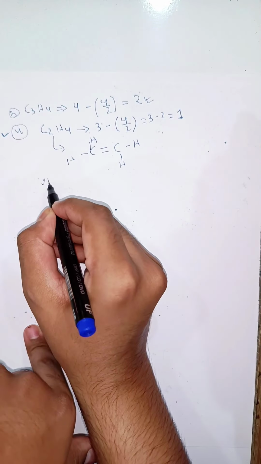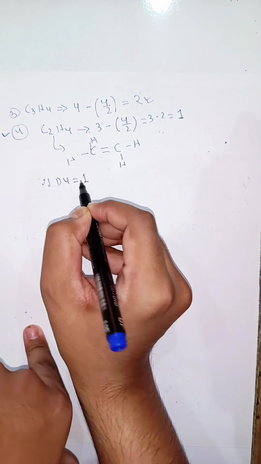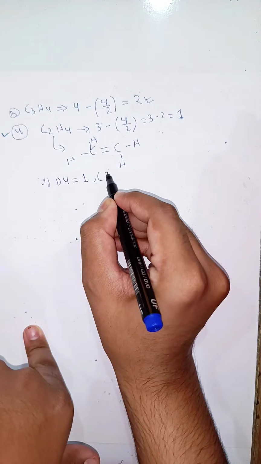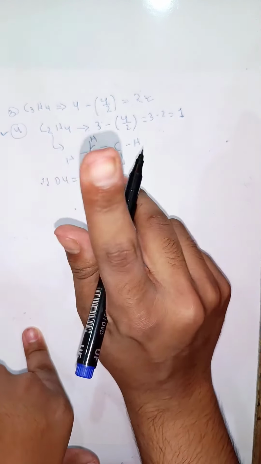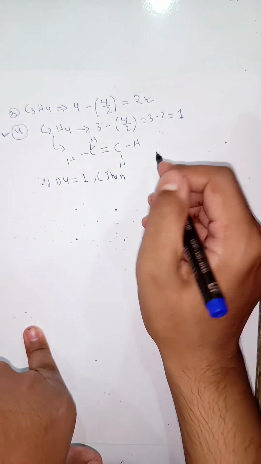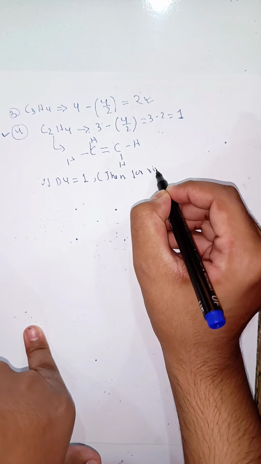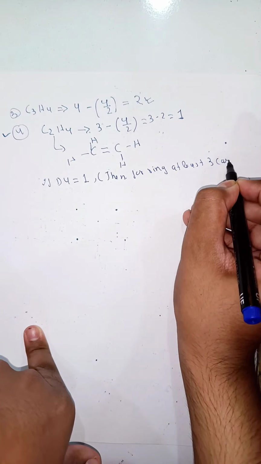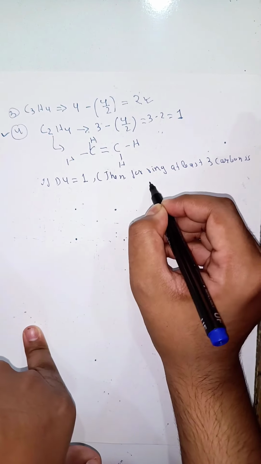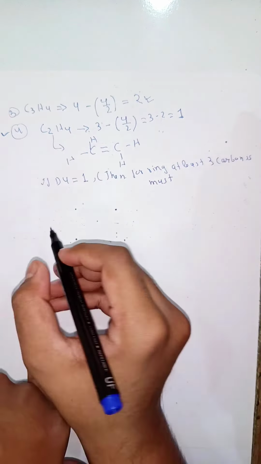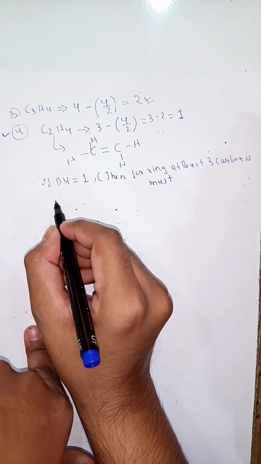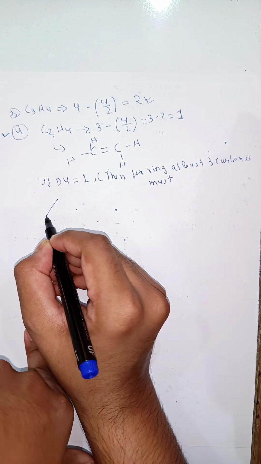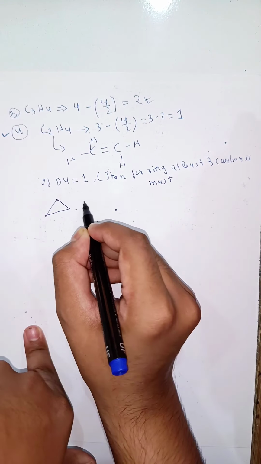So if DU is coming out to be 1, then if you have to make a ring, for a ring at least 3 carbons are a must.